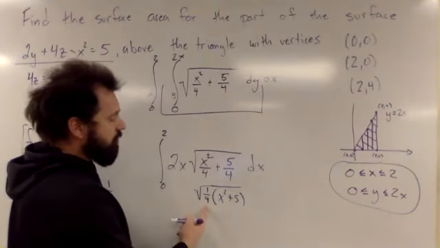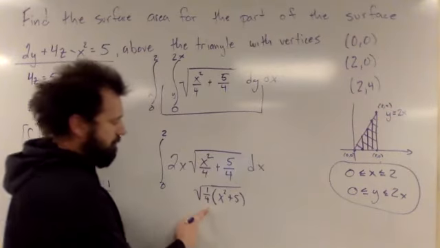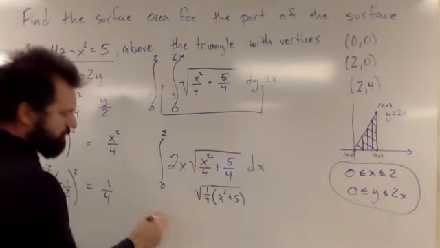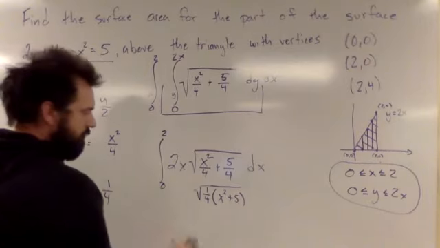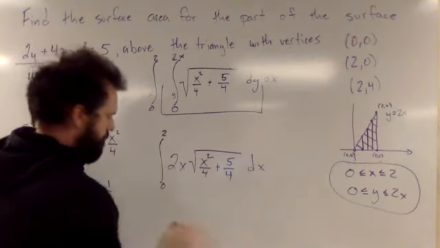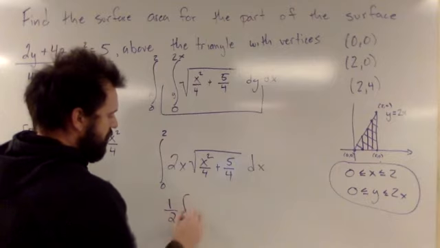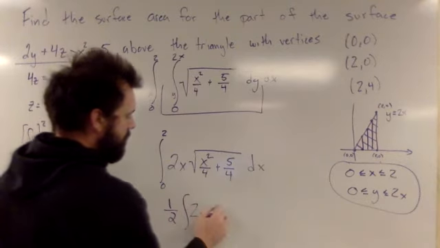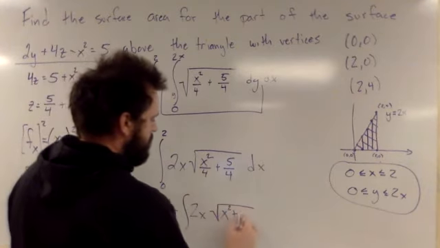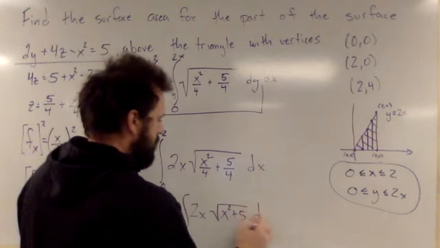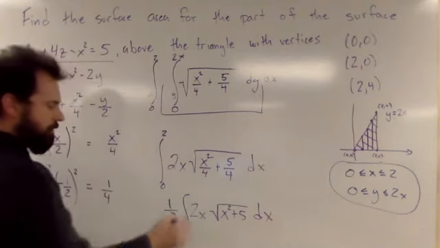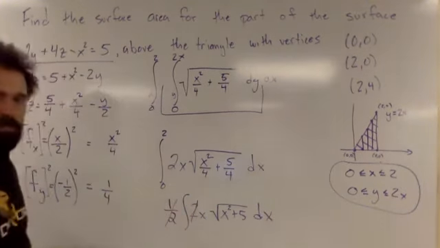So then this becomes a 1/2 on the outside. So really, I'm going to write this as 1/2 the integral of 2x square root of x squared plus 5 dx. Look, those are going to simplify.